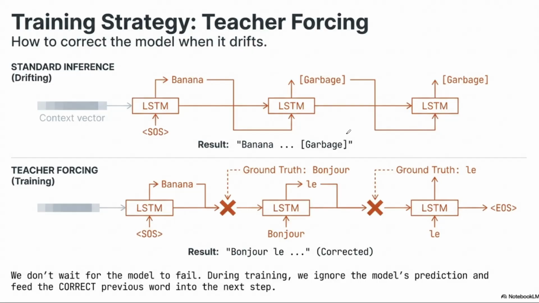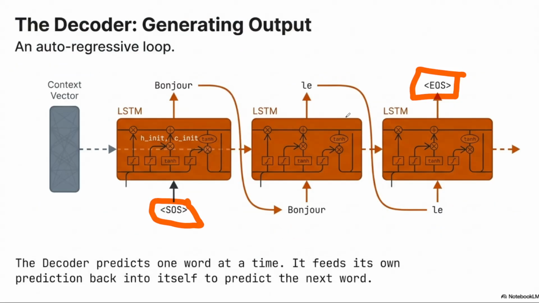So how do we train this? Let's go back to the previous slide. If the untrained model predicts the wrong word at step 1, so let's say it started with another French word that would not make sense in our case, or say a random word, the rest of the sentence would not make sense, so it would make the training very slow.